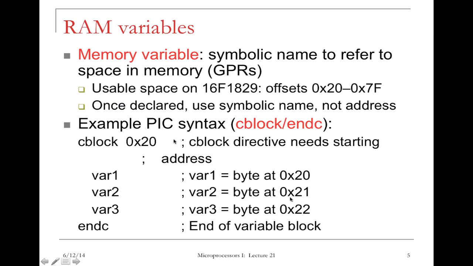So instead of using these exact addresses in our programs, we can refer to them by using the symbolic names. It's like in your C code, you declare integers A, B, and C. But in this case, we need to tell the assembler where they are located. And this is what the 0x20 is for. Of course, you don't have to start at 0x20. You can do 0x30 or 0x40, etc.